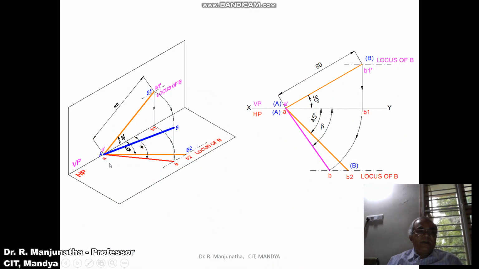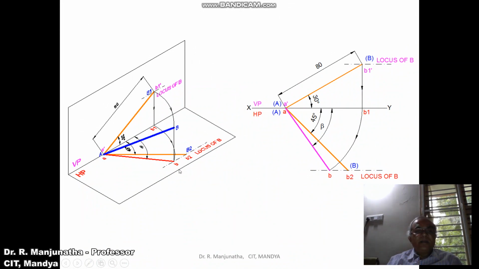So here first we have considered the true length in the front view and also the true length in the top view. Once you find the true length in the front view, obviously that line has to be parallel, so we made it parallel. Then we have rotated it so that you get the top view line and also the beta inclination.